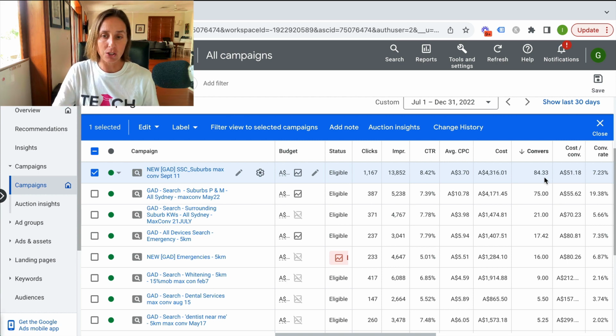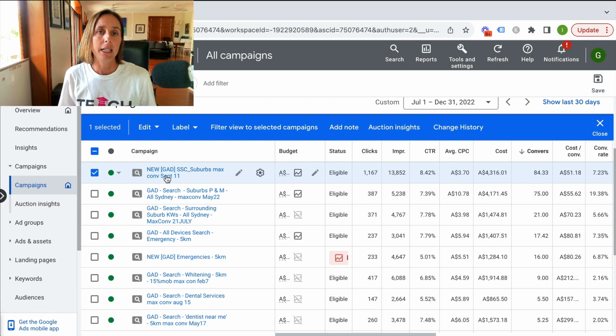So essentially the strategy behind this campaign is what's called a suburb campaign. This is where we bid on the suburb that the dental practice is located in, but also the surrounding suburbs that are close enough that people would be prepared to travel, but far enough away that they're not actually in that particular suburb.